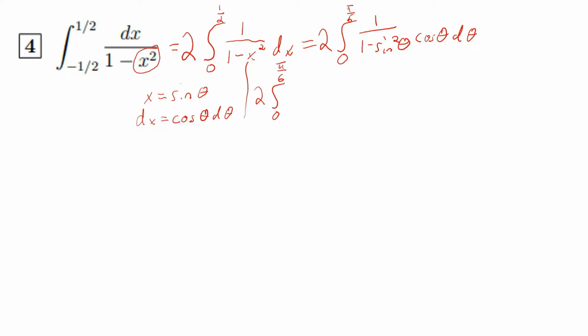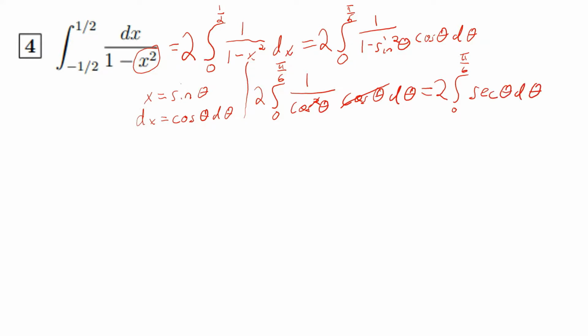Notice that this is just 1 over cosine squared theta, times cosine theta d theta. Cancel out one of the cosines, and we're left with 1 over cosine theta, which we know is secant theta. So our integral, which we can evaluate now, is 2 times the integral from 0 to pi over 6 of secant theta d theta.